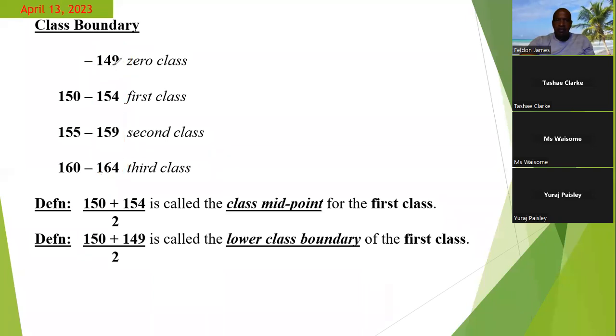So all of the boundary values would be what? This one would be 149.5. The next one would be 154.5. The other one would be 159.5. Next one would be 164.5. Do you understand how you get the boundary values? Let me see your hands.